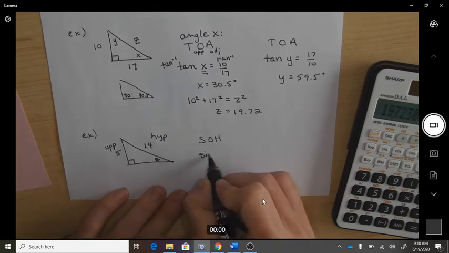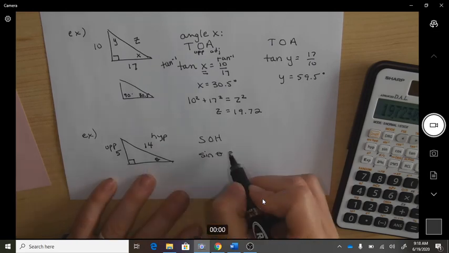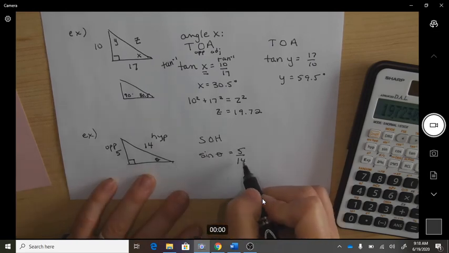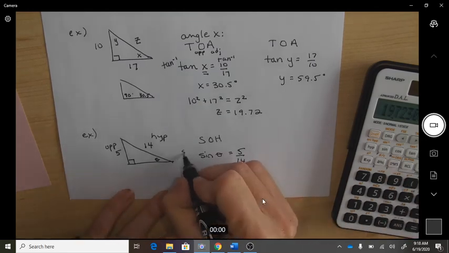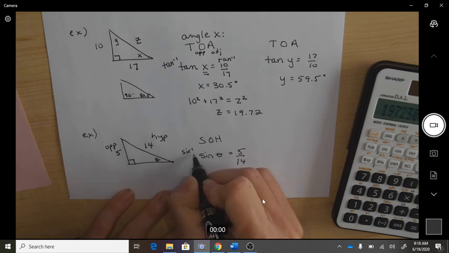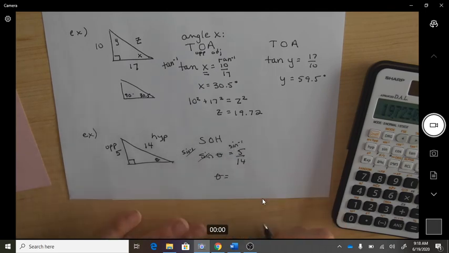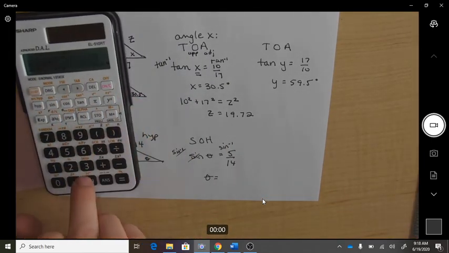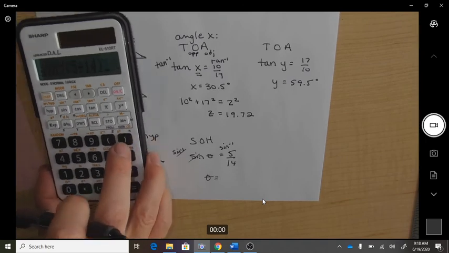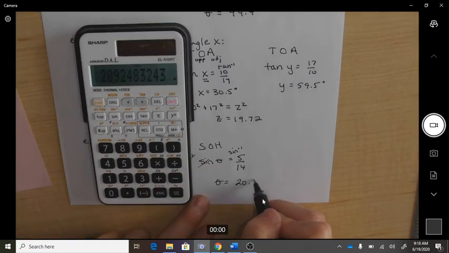So the sine of the angle is its ratio of the opposite side divided by its hypotenuse side. Okay, so now I'm going to sine inverse both sides to get the angle alone. Sine inverse the fraction, and I get 20.9 degrees.